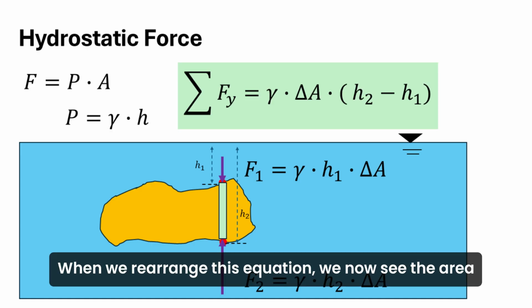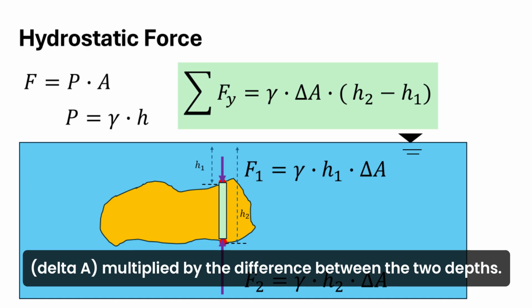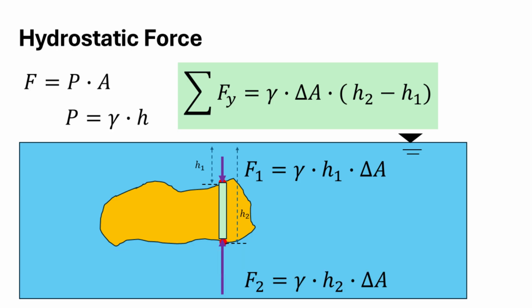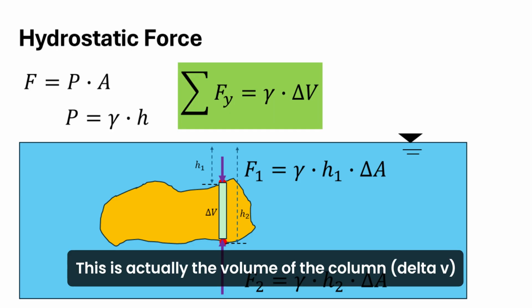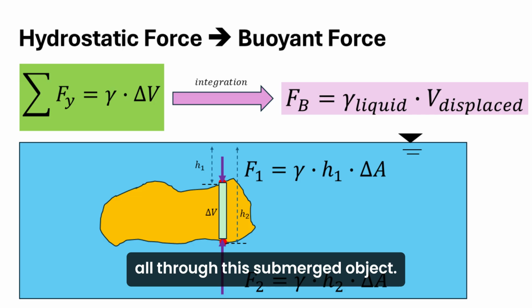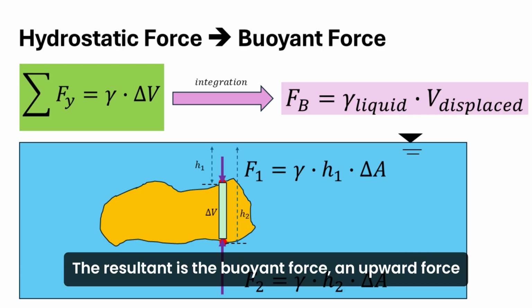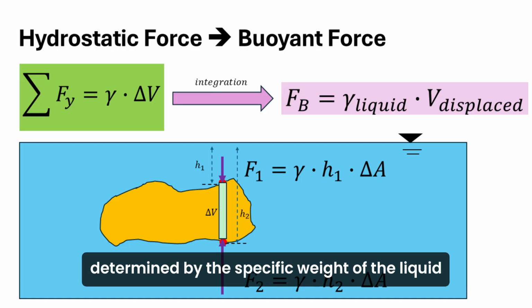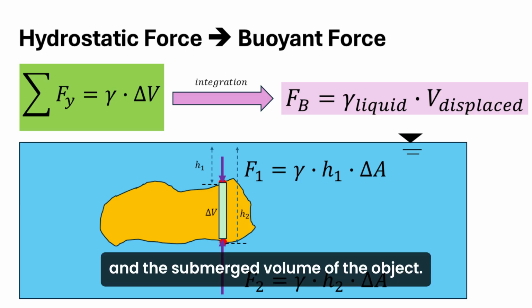When we rearrange this equation, we now see the area delta A multiplied by the difference between the two depths, h2 minus h1. This is actually the volume of the column, delta V. As we integrate this calculation all through this submerged object, the resultant is the buoyant force, an upward force determined by the specific weight of the liquid and the submerged volume of the object.